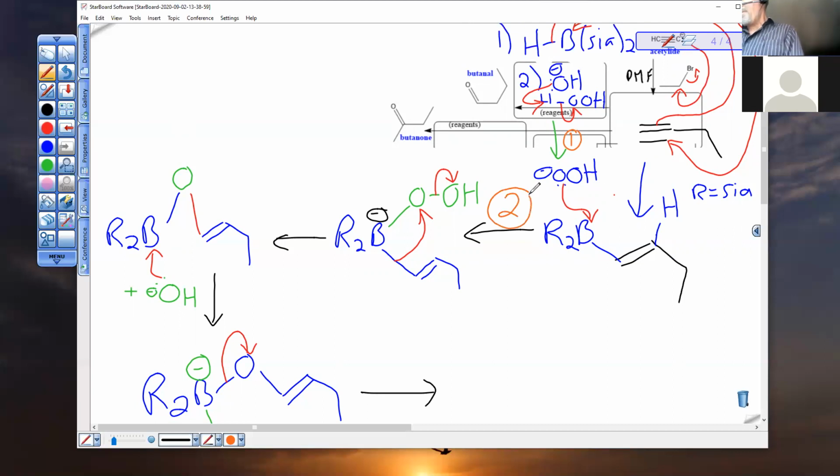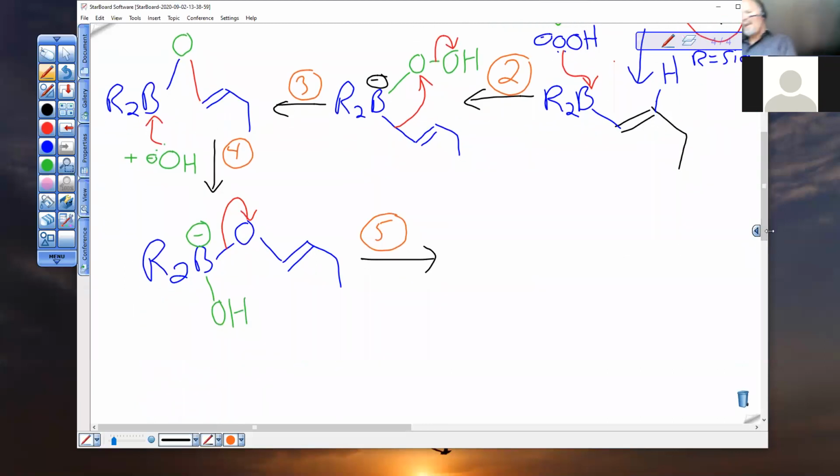The third one was a rearrangement. The fourth was another attack. Fifth step was losing the other oxygen off boron. And that means we're setting up for an acid base in step 6.